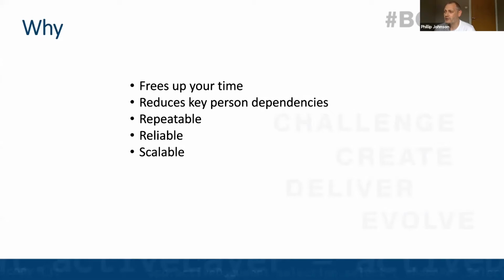It's very repeatable. So it's the same thing every time, so it's very reliable. And it's scalable as well. When you think about things like opening hours, if people ring up a contact center like BGL, we have contact centers.